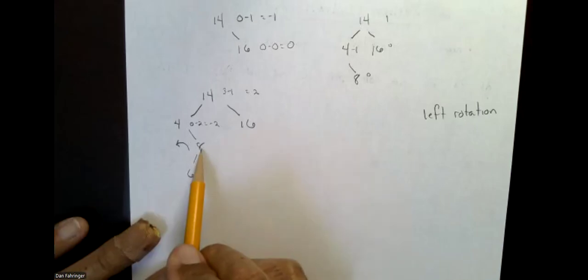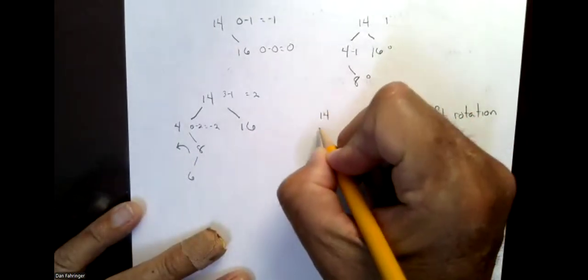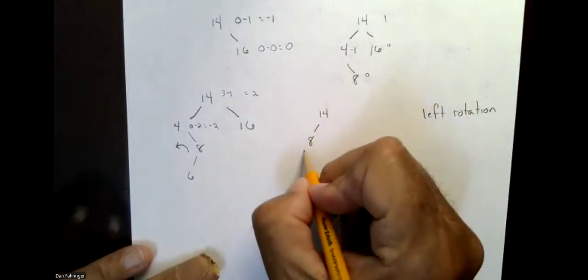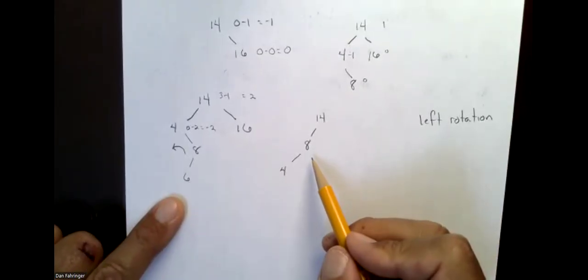A left rotation. And what's going to happen is I'm going to rotate this around so that 8 moves up. So I'm going to do a left rotation. I now have 14, 8. 4 is less than, but the 6 has to reconnect.